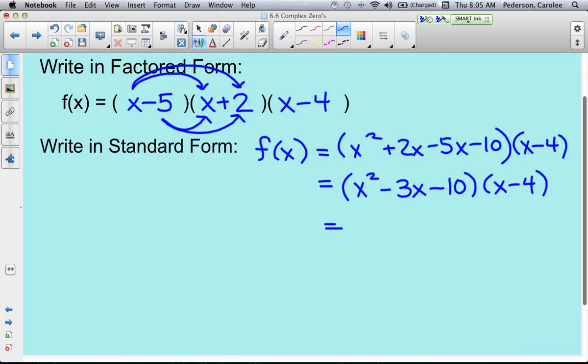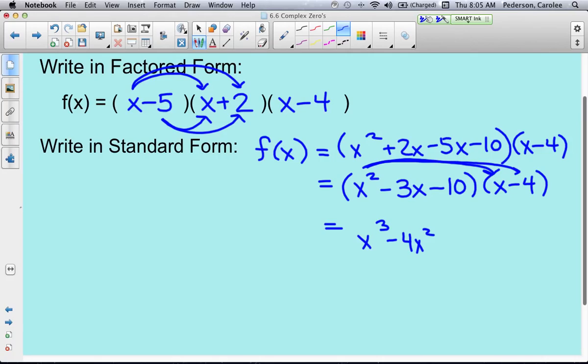So we distribute x squared to x. So we get x to the third. Then we distribute x squared to negative 4. We get negative 4x squared.